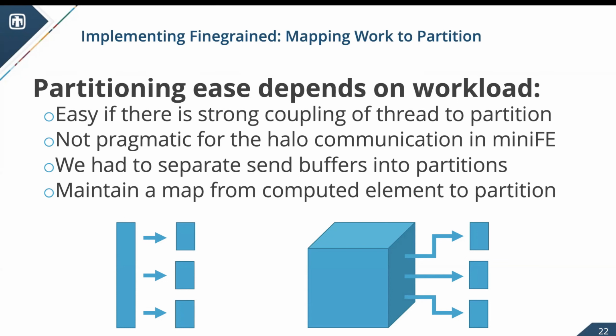The only issue is that's not necessarily pragmatic for something like Halo communication. Often you're assigning threads in something like an OpenMP parallel region in a way that doesn't necessarily track one-to-one with a partition. For example, let's say you're computing something that falls on the edge of your cuboidal computed volume.